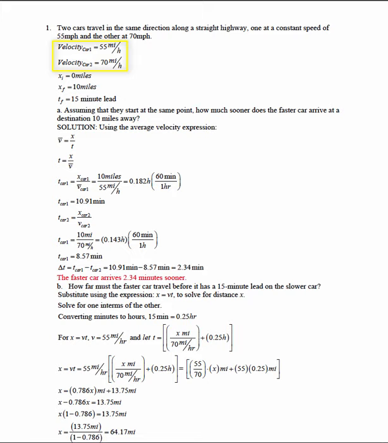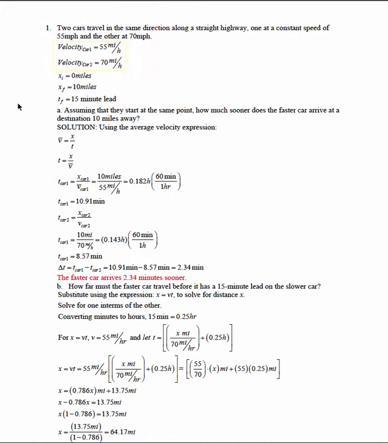So we take a look at this. We've got some givens here. First, we have the velocity of car 1 at 55 miles per hour and the velocity of the second car at 70 miles per hour.